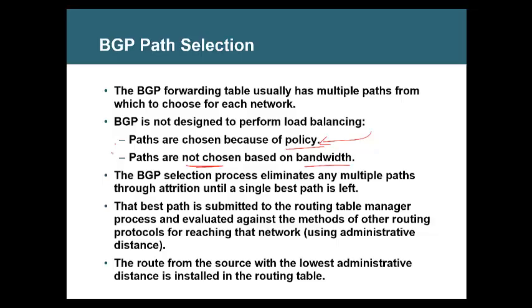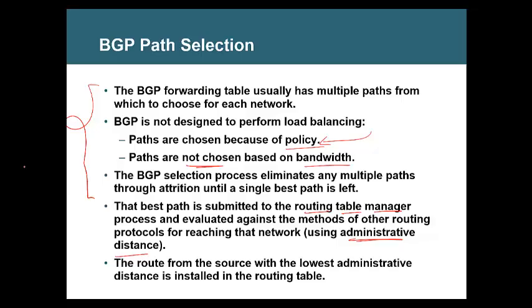Now, one thing to remind is, though BGP is a protocol with all those attributes, end of the day, the decision maker is not BGP. The final decision maker is the routing table manager. See, routes are given to the routing table manager by OSPF, by BGP, and by other protocols.